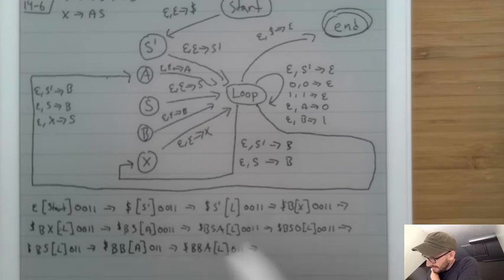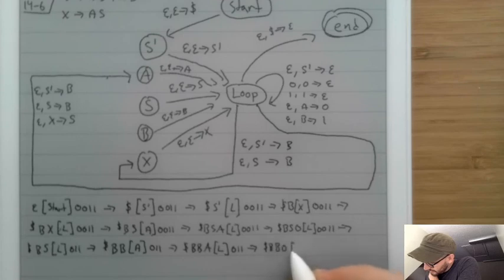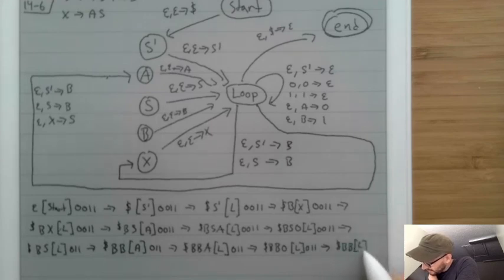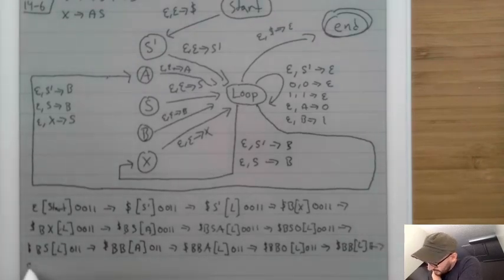Then we see an A, and we're going to turn that into a 0. So we do $BB0 L 0, 1, 1. Then we're going to pop that off, so then we get $BB L 1, 1. Then we're going to see $B1 L 1, 1.